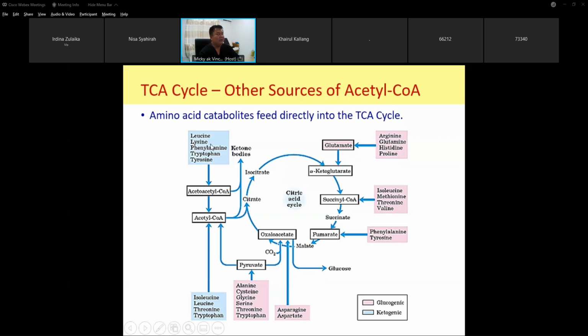Arginine, the tyrosine from here, can also be converted into fumarate. Jadi banyak lah, like I say, whatever you eat, as long as there is C, there is O, there is H, your body can somehow break them and turn them into acetyl-CoA.